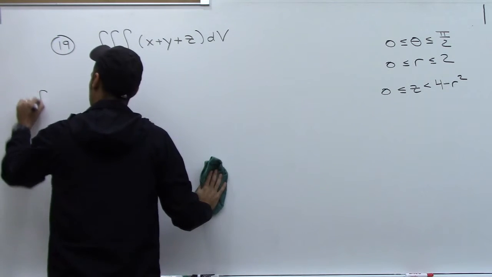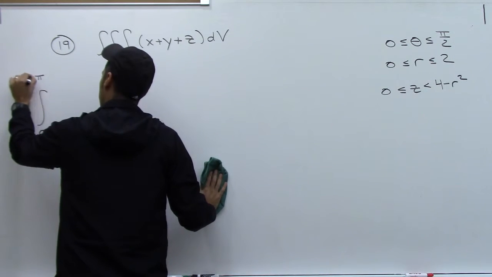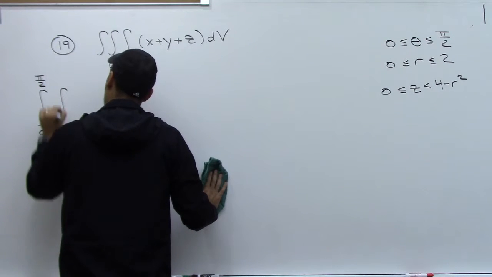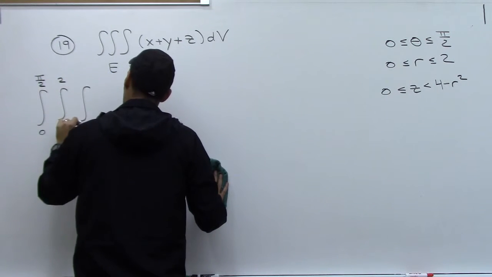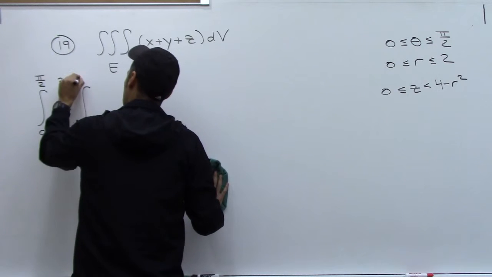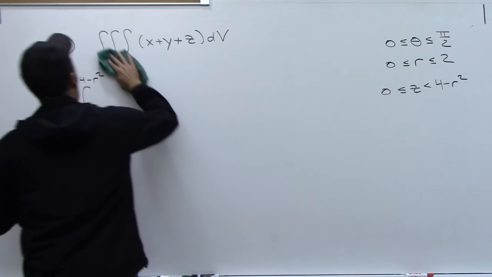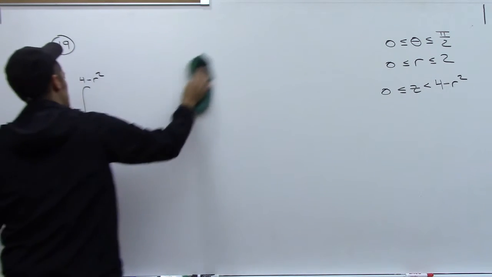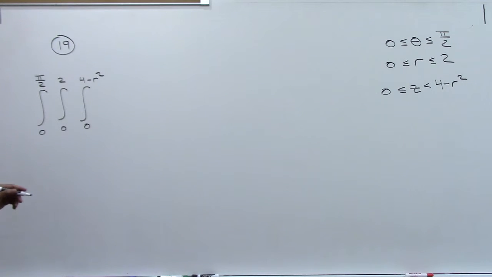So I go integral 0 to pi over 2, integral 0 to 2, integral 0 to 4 minus r squared, and then x plus y plus z.